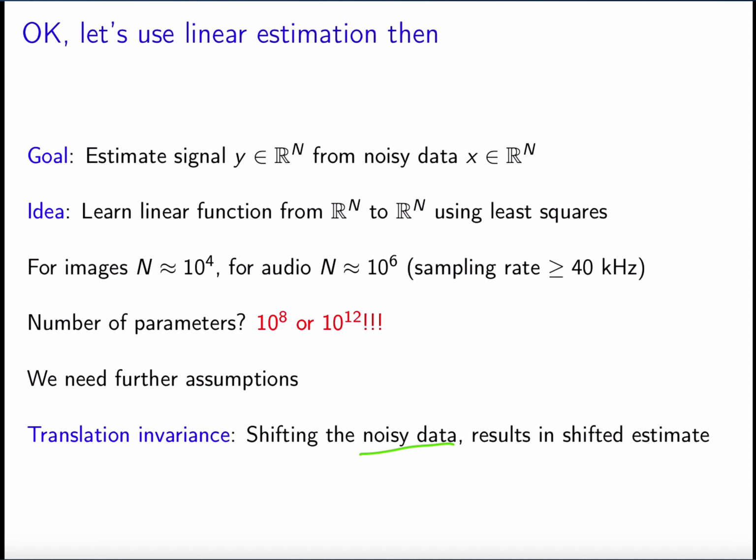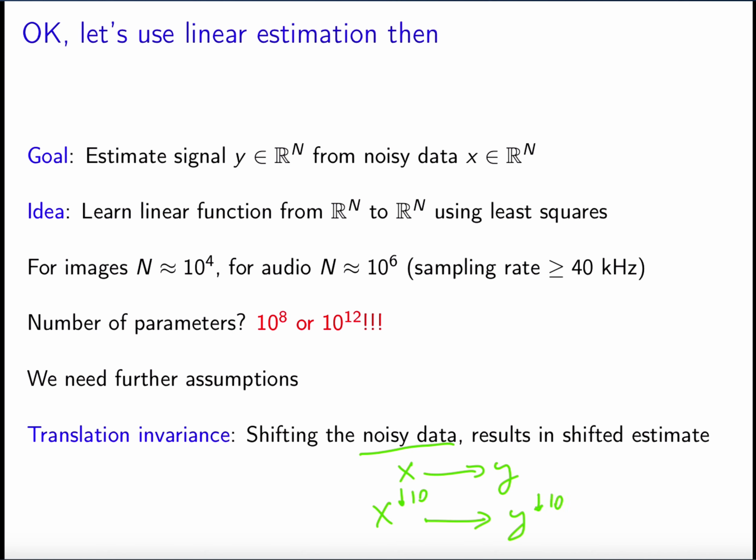What I mean is, your model maps x to y. If I shift x, we will describe this notation in a moment, by, let's say, 10 pixels to the right, my estimate should just be the same thing shifted 10 pixels to the right.